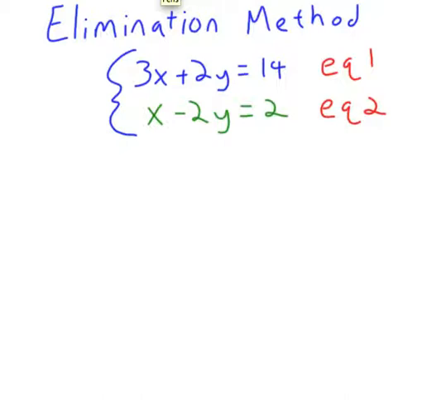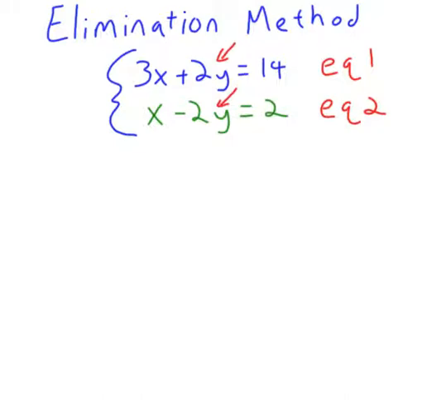What we're going to do is look to see if we have any terms that, if we added these entire equations together, would be eliminated, hence the elimination method. In this case, we have positive 2y here, and in equation number 2, we're subtracting 2y.